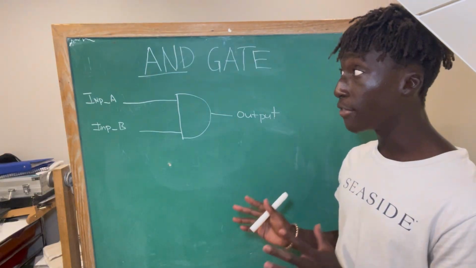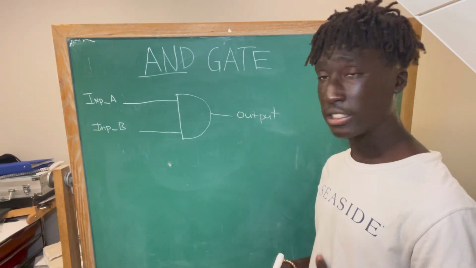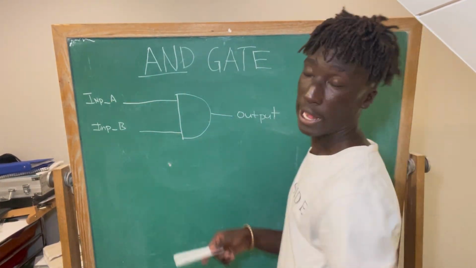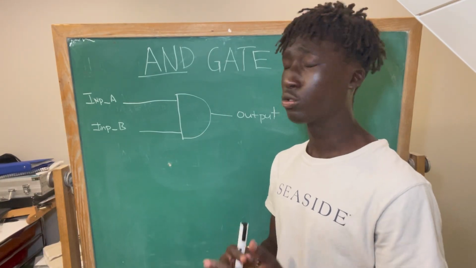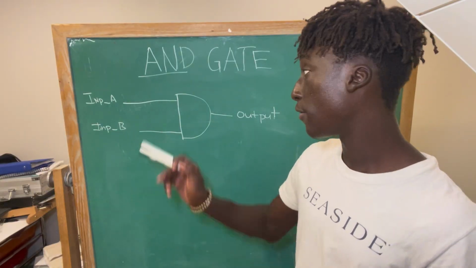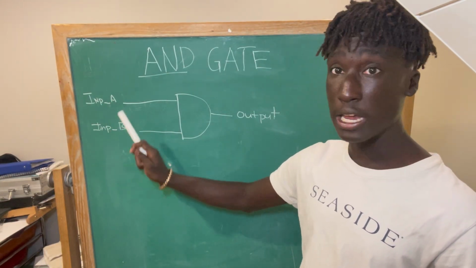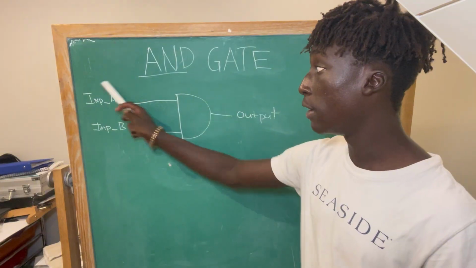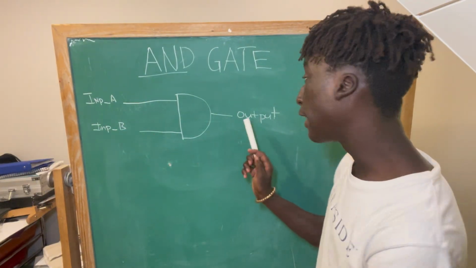Okay, so the first gate that we're going to talk about is the AND gate. An AND gate is very simple and straightforward. Let's say we have input A and input B. These are both of our inputs, and whatever we put in gives our output.